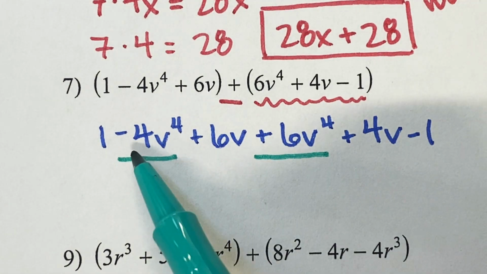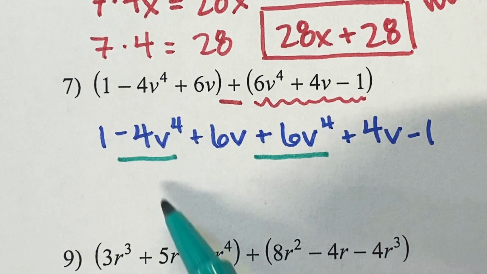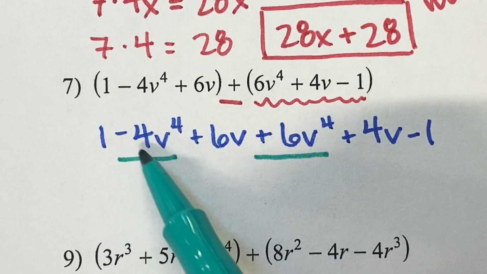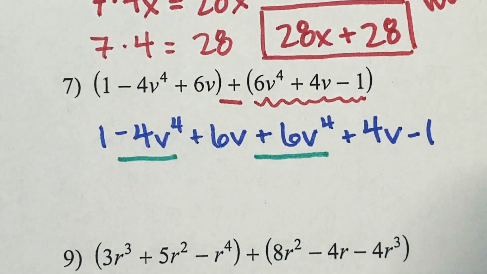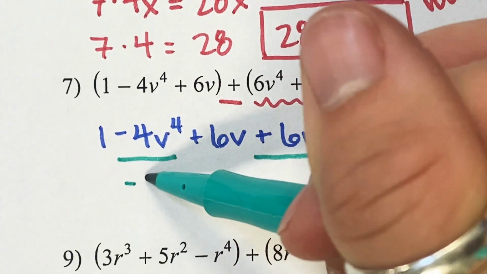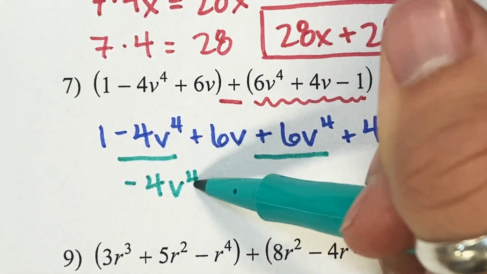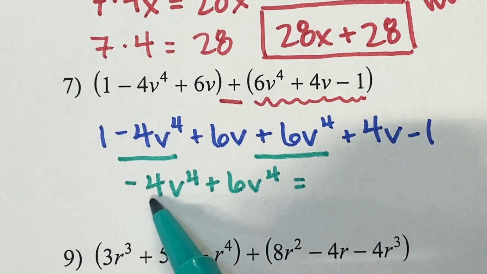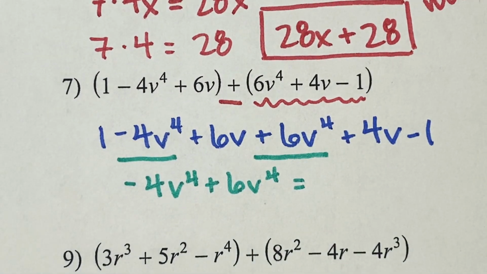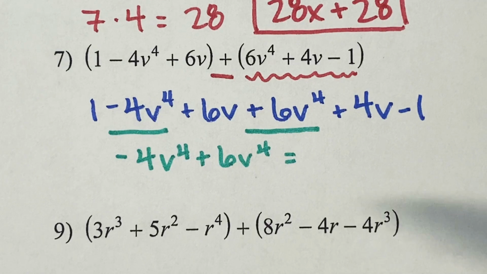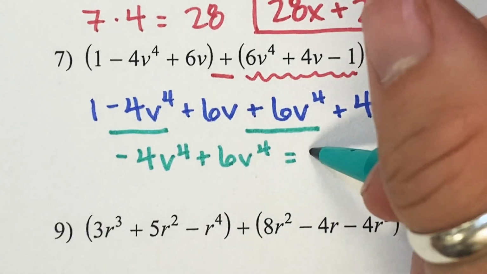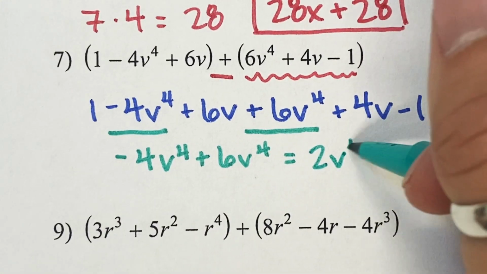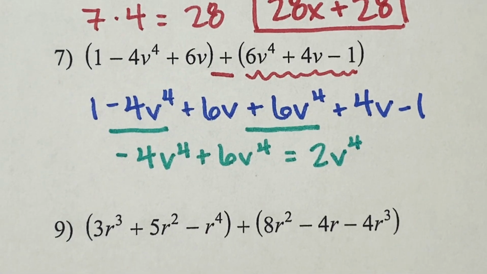Now let's look at the coefficients. Let's write it over here: negative 4v to the fourth plus 6v to the fourth. What is negative 4 plus 6 going to give me? It's going to give me positive 2. So 2v to the fourth is that one piece.